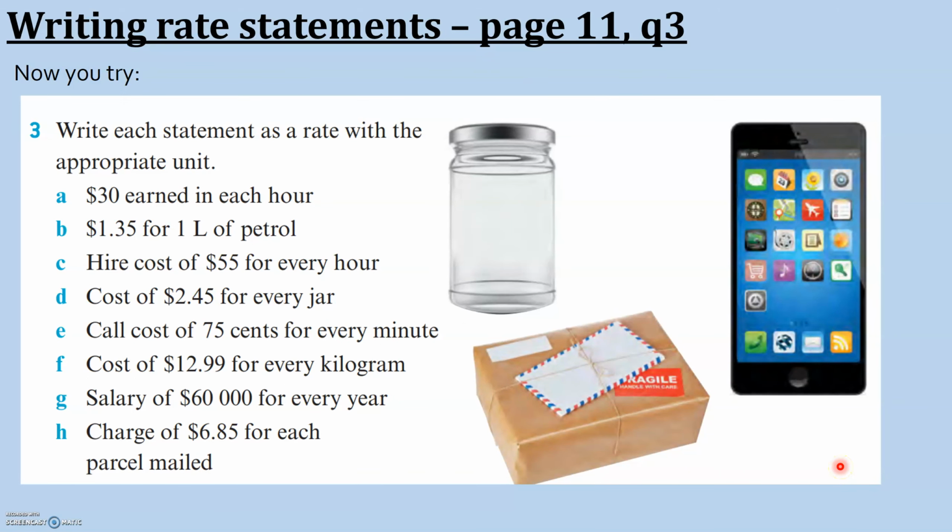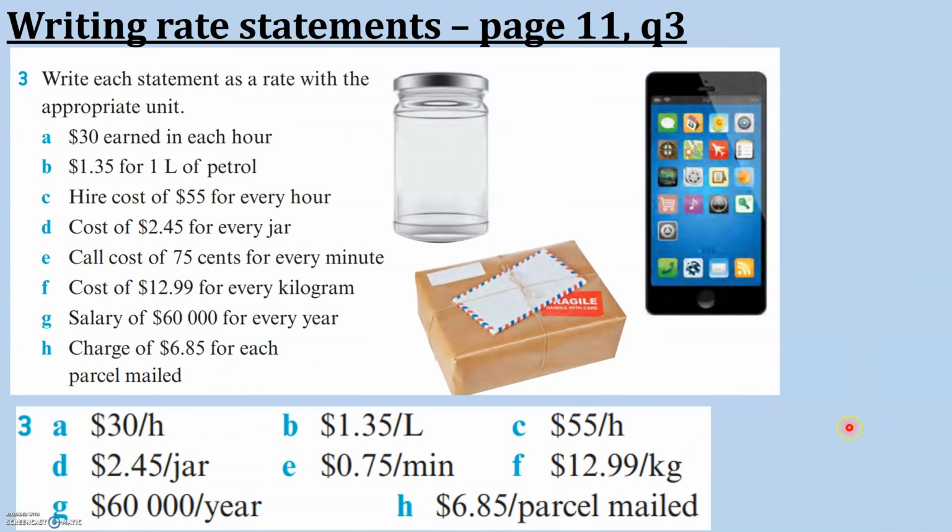Just pause that slide now. And here's our answers. We've got $30 per hour. We've got dollars per litre, dollars per hour again, and so on. Just pause that slide and check you've got those written correctly. So check your formatting.